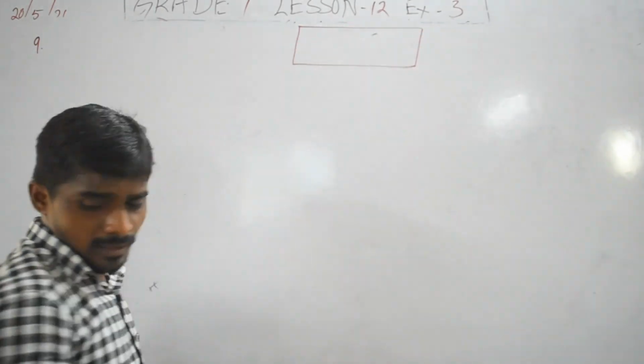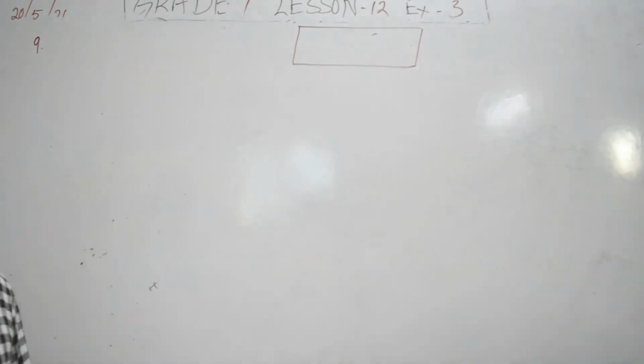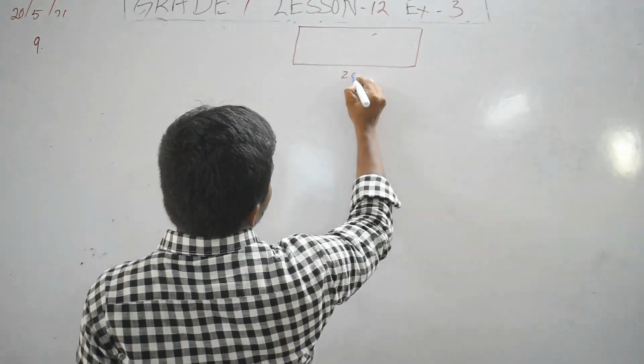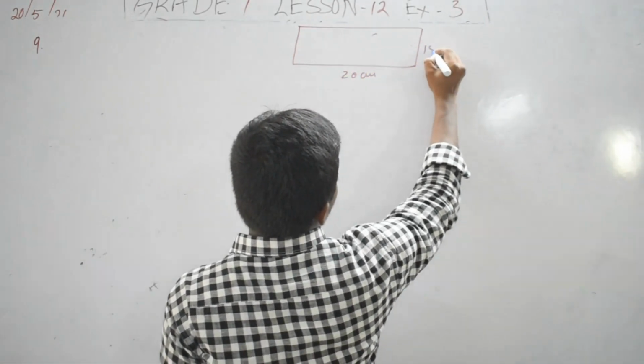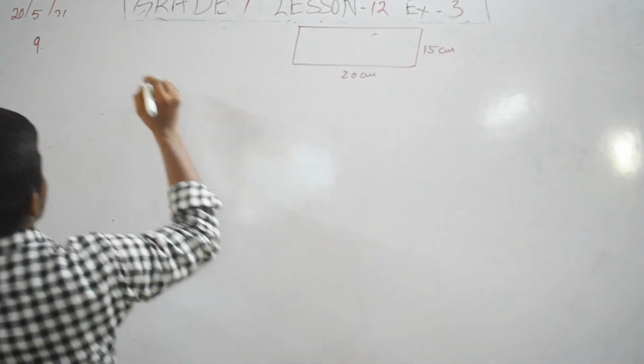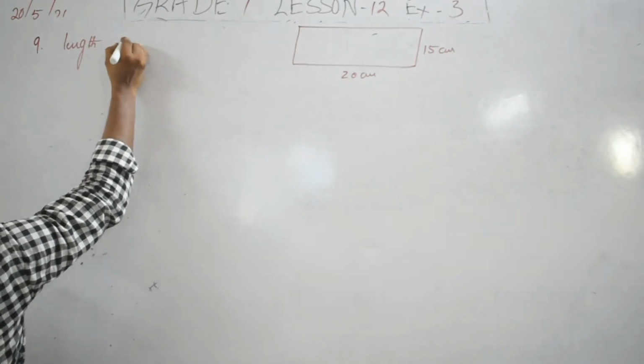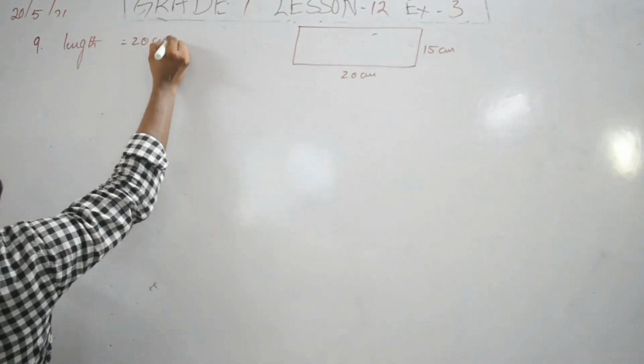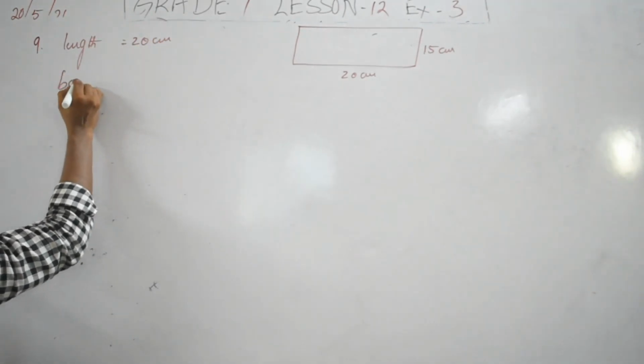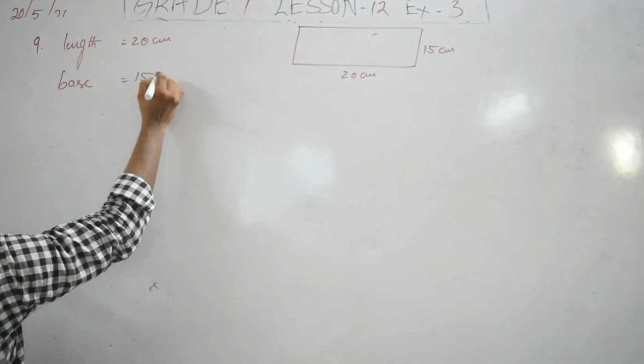That rectangle length is 20 centimeters, breadth 15 centimeters. Length, how much is given? 20. Breadth, how much is given? 15.